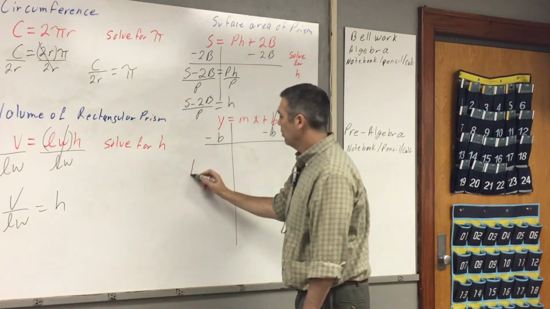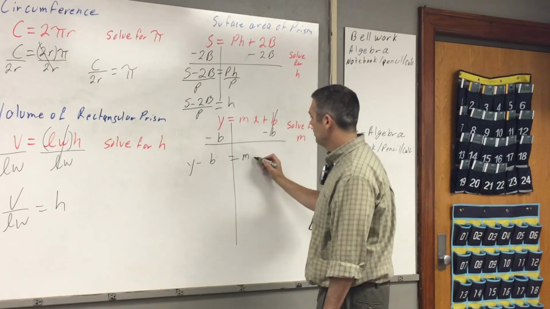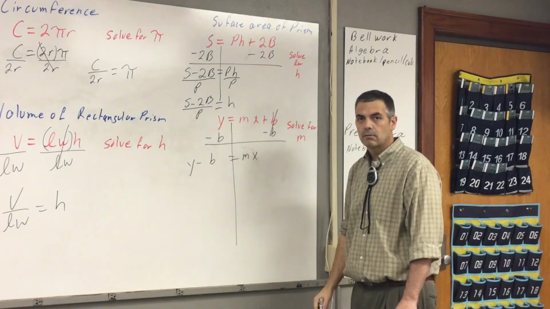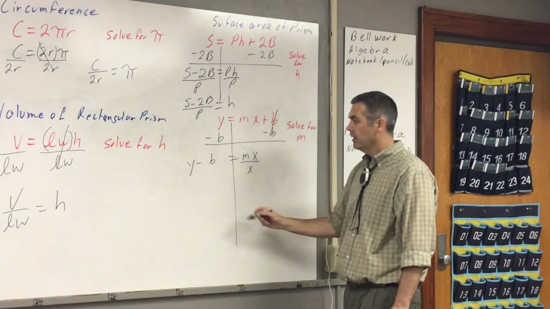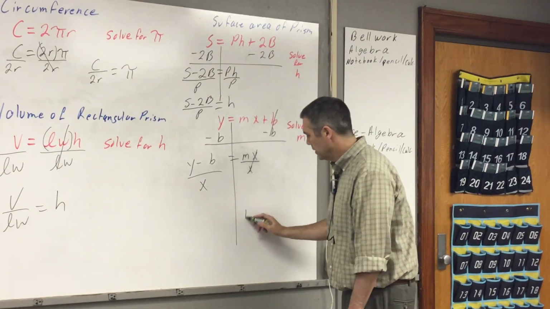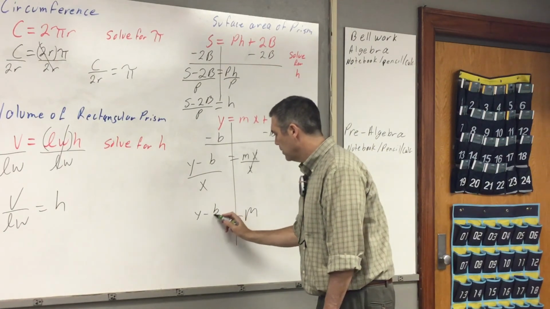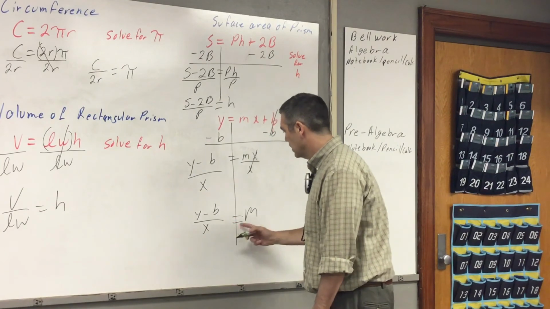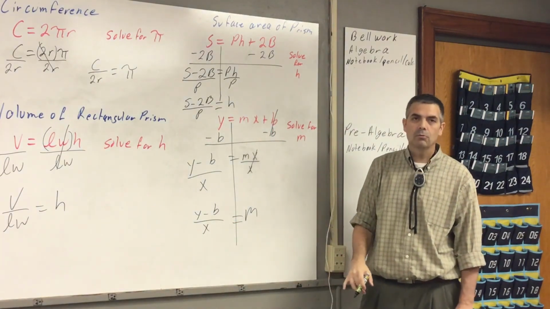You end up with y minus b equals m times x. Now, divide by x because that's being multiplied. Divide by x, cancels out. You end up with m equals y minus b over x. And guys, m is your slope.